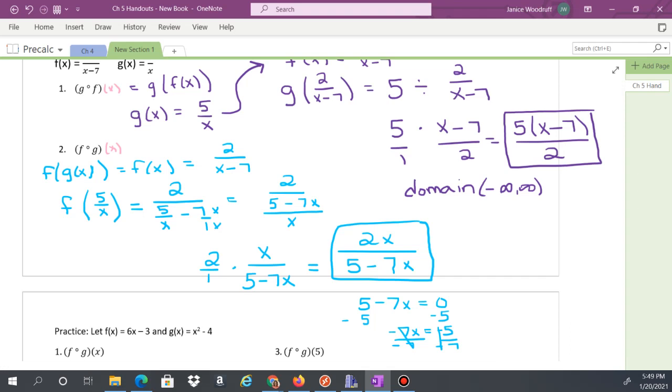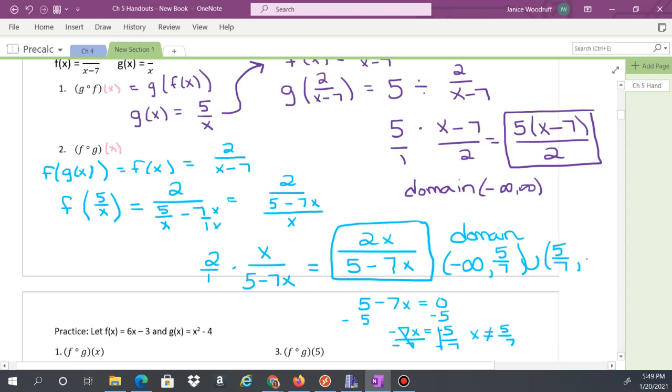That's going to be your restricted value there. Okay, so x cannot equal 5/7, which means our domain is going to be negative infinity to 5/7, and then union 5/7 to positive infinity.